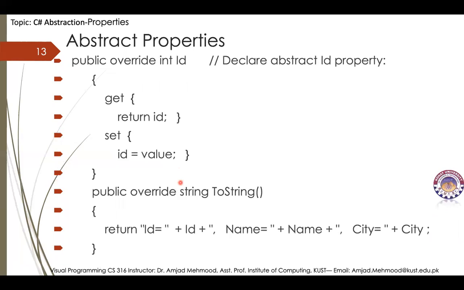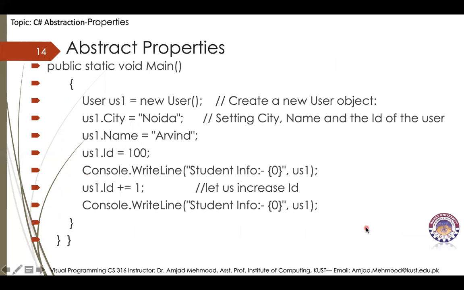So we are overriding that one. I'll show you in my next lectures where this ToString method is available. But you can check that as all our classes are directly or indirectly inherited from Object, that class already has the ToString method. So in the child, if you want to override the behavior of the parent class, you can write public override string ToString. And now this is Id, this is name, city. So this is how the things will be done.